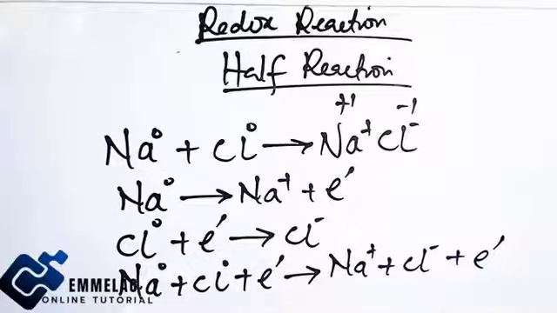Now you can see from the left hand side and the right hand side that we have the same number of electrons, so we can just cancel out.